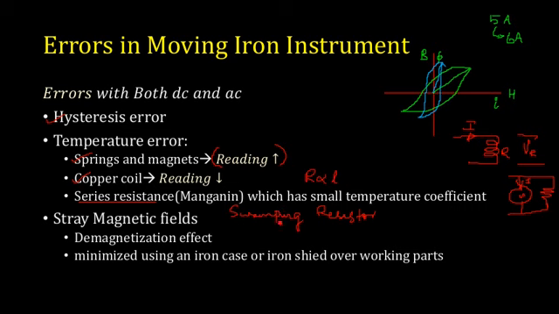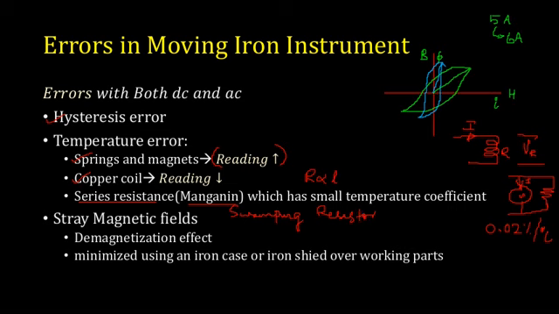The property of this swamping resistor is that it has a very small temperature coefficient of resistance. That is, the variation of resistance with respect to temperature is very minimal, and you generally make use of materials like manganin. Once we connect this in series, the overall resistance variation with respect to temperature will be minimal. Normally, your copper coil will have, suppose, a resistance variation of 0.02 percent per degree Celsius.